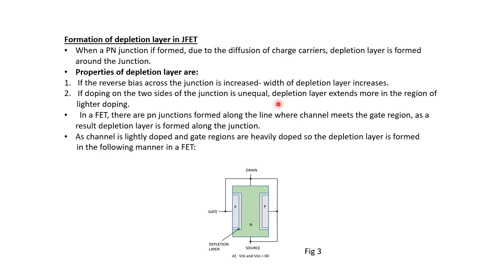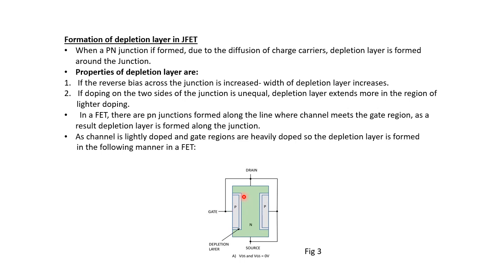Now this was a discussion about the depletion layer of an ordinary PN junction. Now we switch over to a FET. This is the construction of the FET. This is the channel and this is the gate region on one side and this is the gate region on the other side.